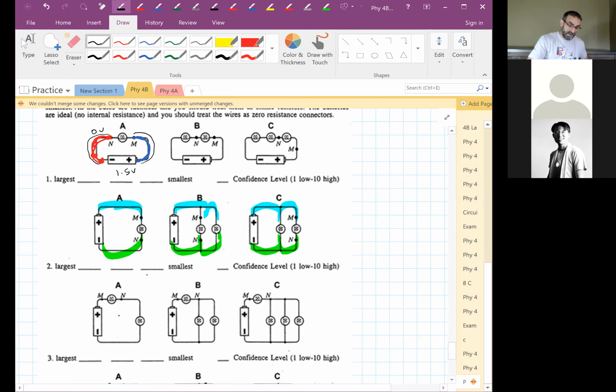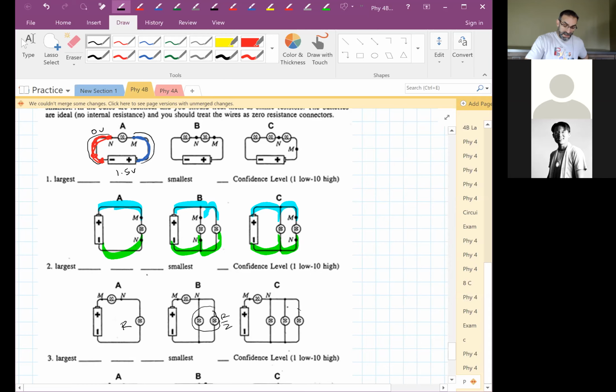Here we have the resistance of our light bulb in series with another resistor. Here we have the resistance of our light bulb in series with, we could replace these two. What could we replace that with? A single resistor that has what resistance? R over 2.